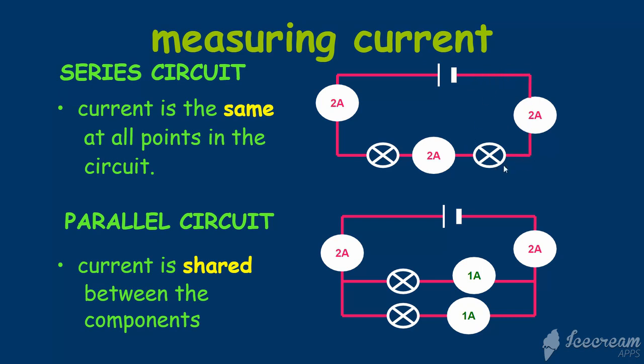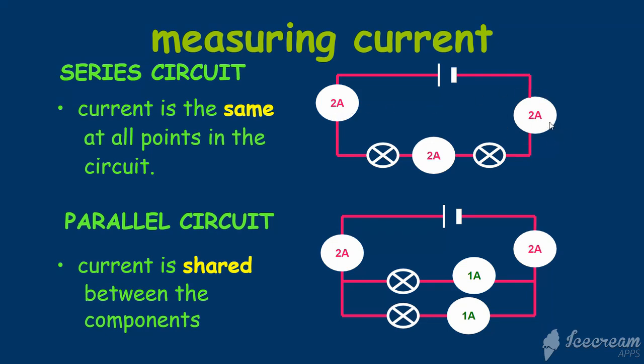The same number of electrons start in the cell and get to the cell again. No matter how much energy they have, the number of electrons is the same. So this is why we say that here we measure 2 amps, here we measure 2 amps, or here we measure 2 amps. So no matter where you place the ammeter to measure the current.